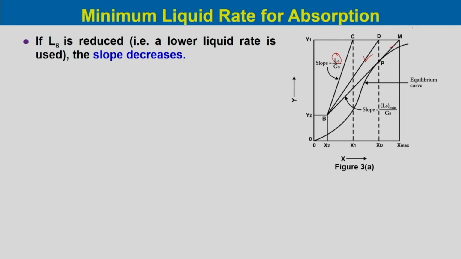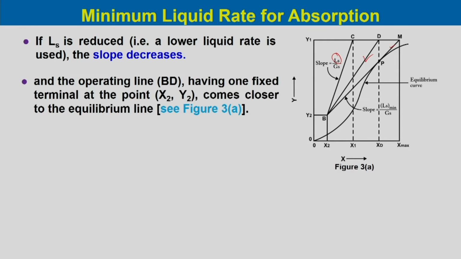The operating line BD, having one fixed terminal at point (x2, y2), comes closer to the equilibrium line. So, the operating line BC comes to BD, which is closer to the equilibrium line compared to the BC line.